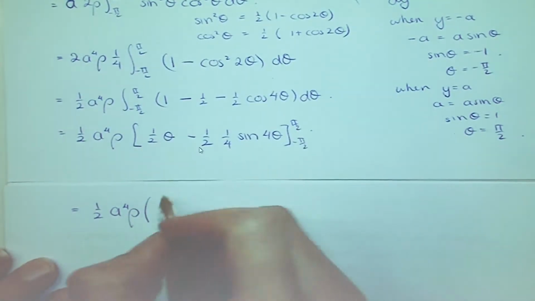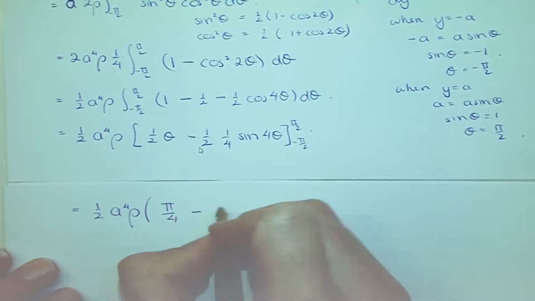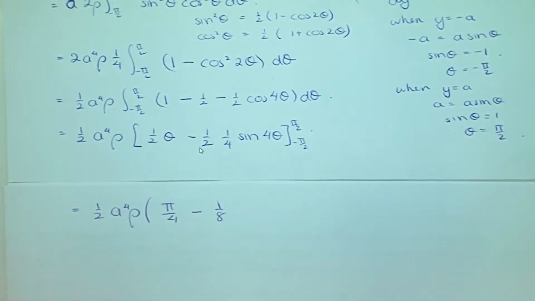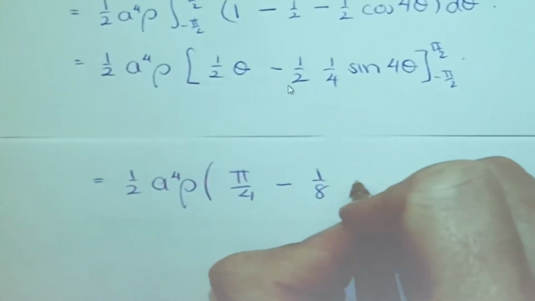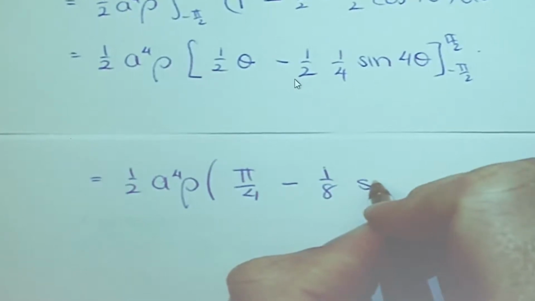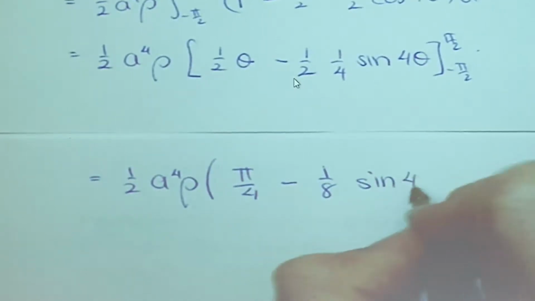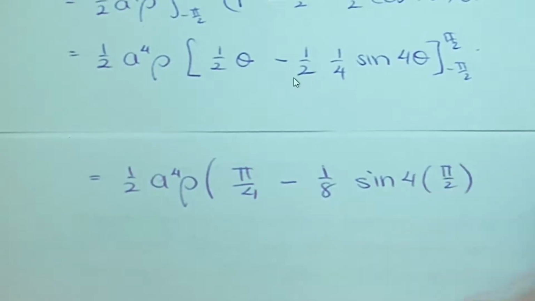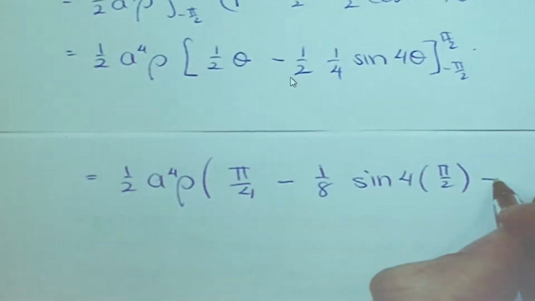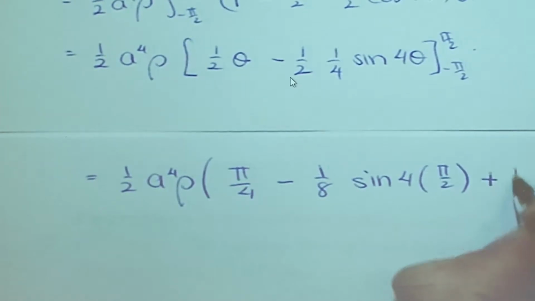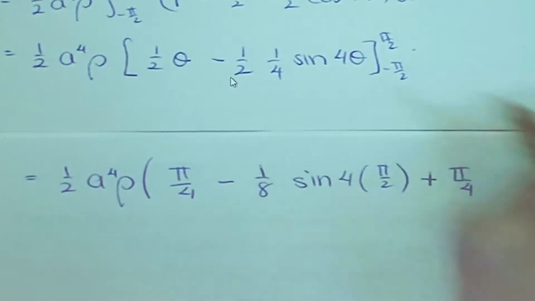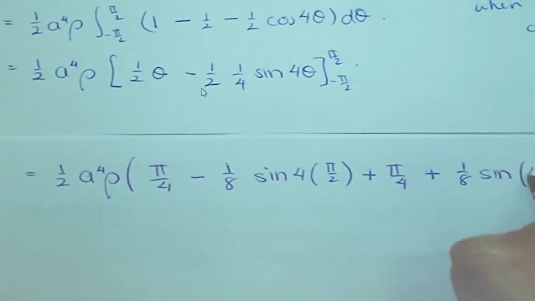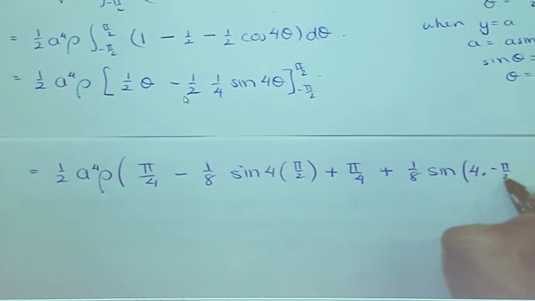Okay, so pi on 2, put that into here and gives me pi over 4 minus 1 over 8, minus plus pi over 4, plus 1/8 sine 4 times pi minus pi over 2.